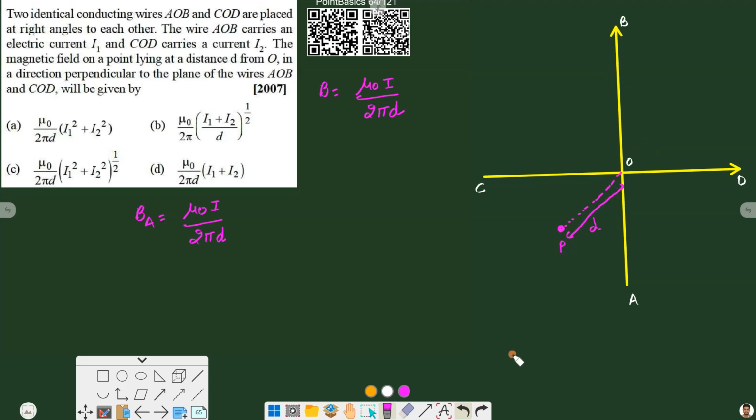At this point, the magnetic field due to this AOB wire with current going in the upward direction will be something like this, in the x direction. So it will come with i unit vector.